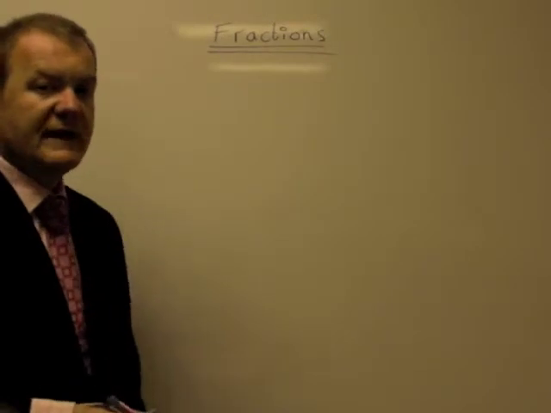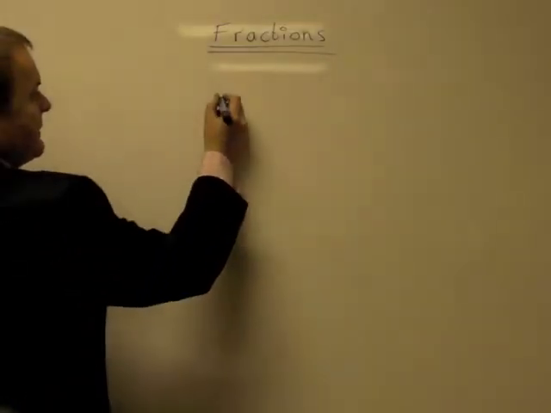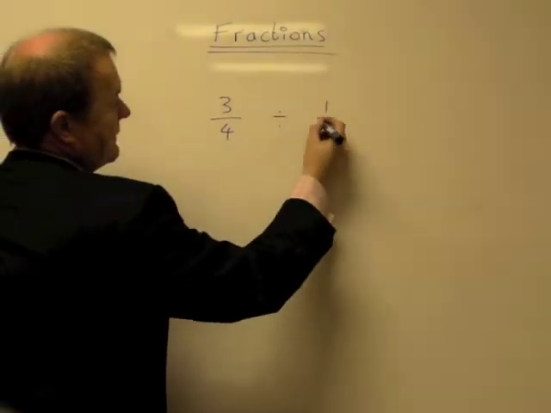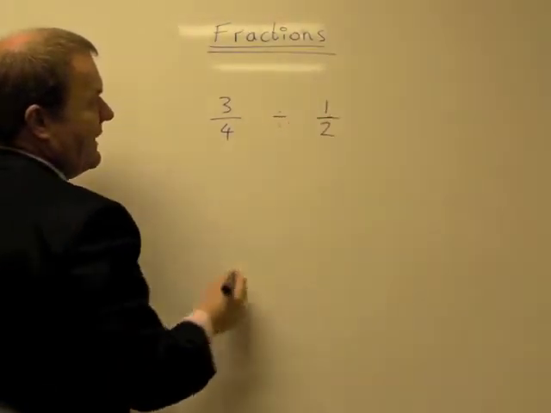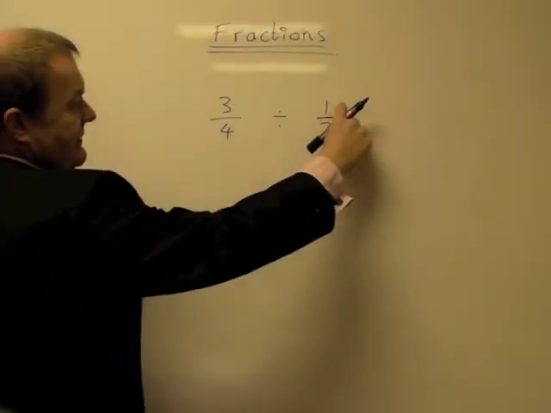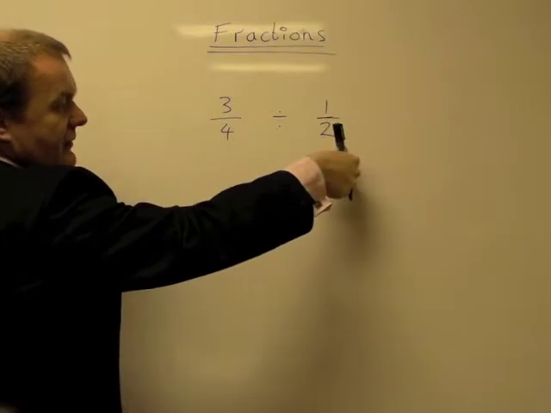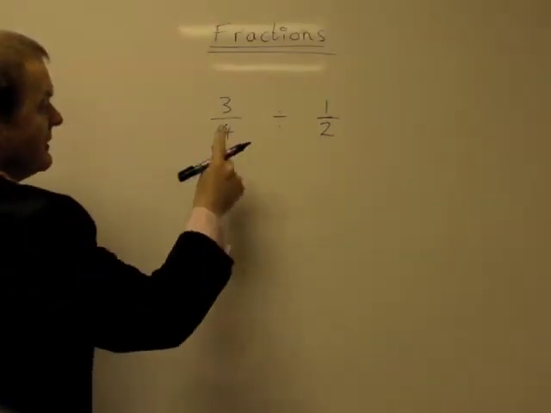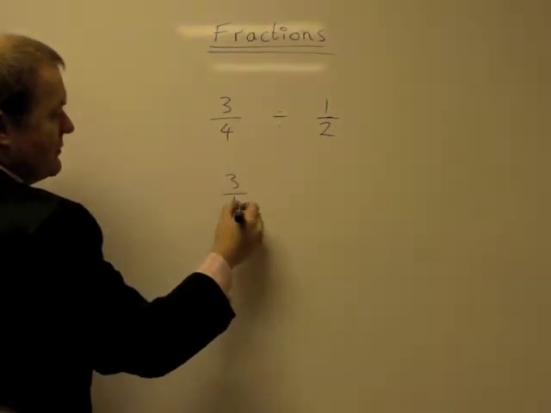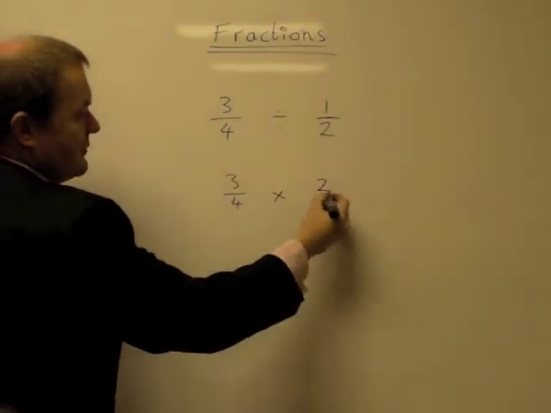Okay, so dividing fractions. This time we're going to have 3/4 divided by a half. When you're dividing by fractions, the rule is you take the second fraction, you turn it around, and it turns into a times. So 3/4 divided by a half is the same as 3/4 times 2 over 1.